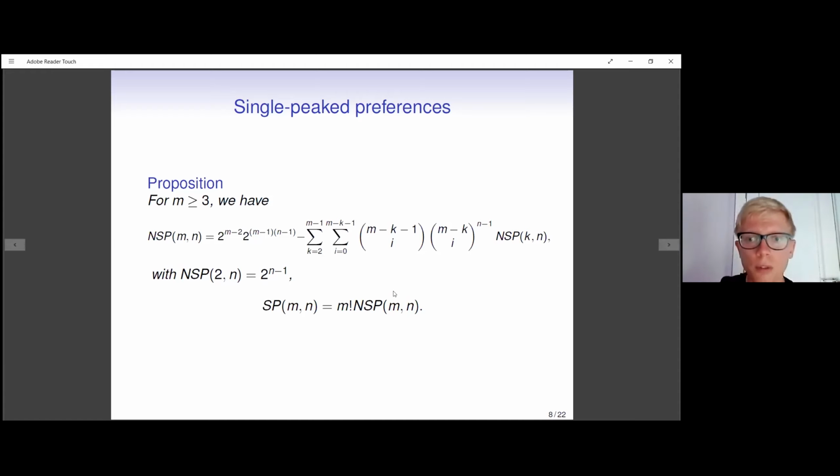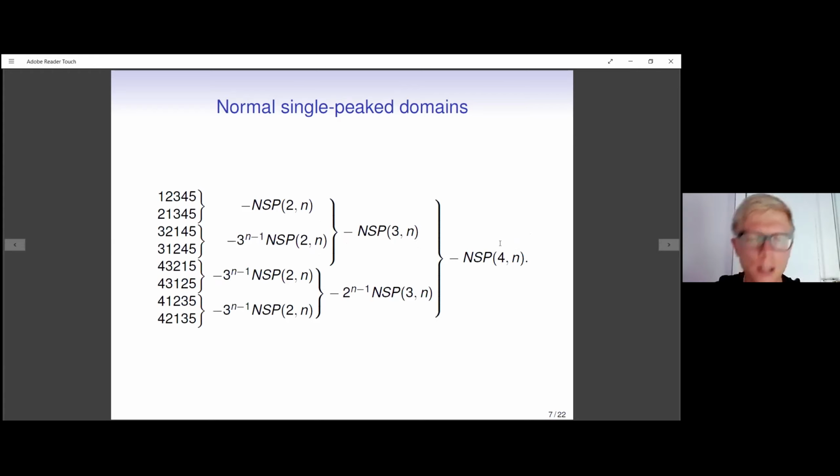So starting from small numbers of alternatives, we can construct 3 alternative preference profiles, 4 alternatives, and so on. So using this structure of intersections, we can find the corresponding conditional probabilities and get a uniform distribution over all SinglePeaked preference profiles.